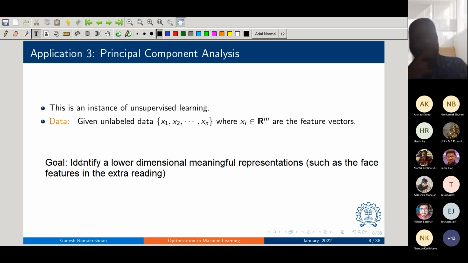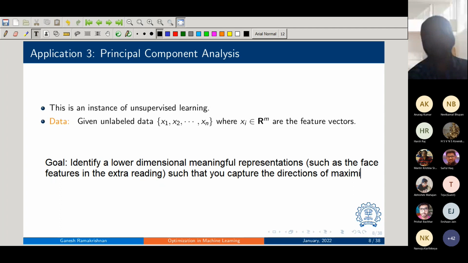But you want to do that such that you capture the original data. What you want to capture can be boiled down to the notion of variance: the direction of maximum spread. Right? The directions, it's not necessarily one, directions of maximum spread of the xi's, right?